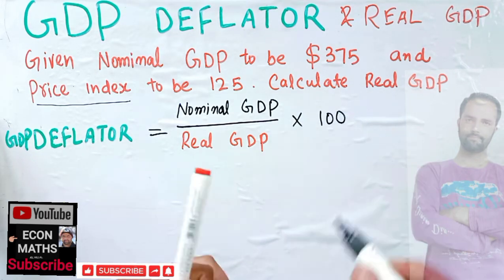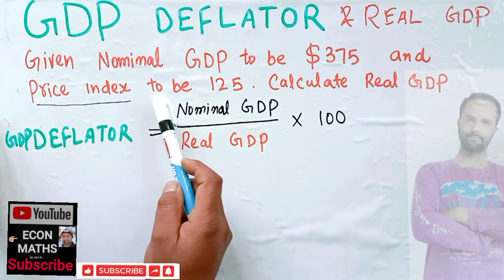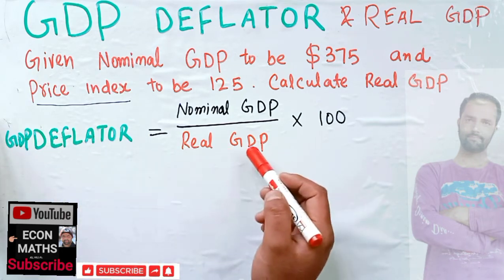Okay, this is the formula for calculating GDP deflator, but we are given the GDP deflator as 125. So if we rewrite this formula, we need to calculate the real GDP.